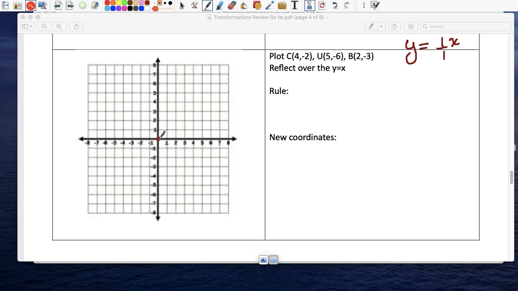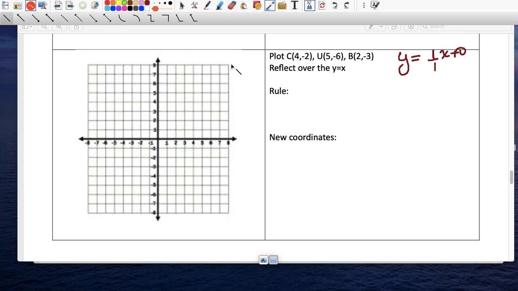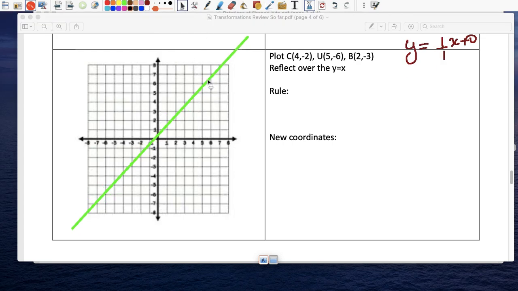So starting from the origin, remember this has a y-intercept of 0. So 1 up, 1 to the right, 1 up, 1 to the right. This would have been some of the points on the line, and you would have connected the dots. So we're not going to do that, but I'm just showing it to you. So we're going to draw a line that goes through the origin and has a slope of 1. And that's the line, and we're going to reflect over that line.